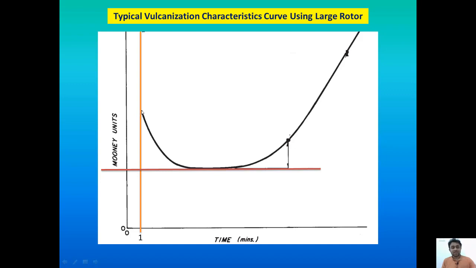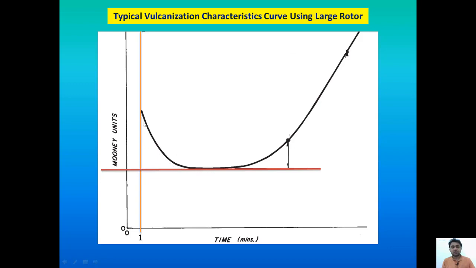Once it keeps that 2 rpm rotation, due to the shearing action between the rotor and the compound, the molecular weight will reduce. The material will melt under pressure, and due to that, the torque value is reducing.